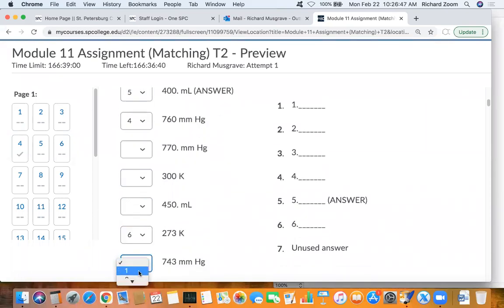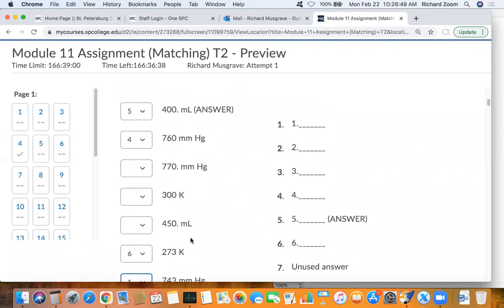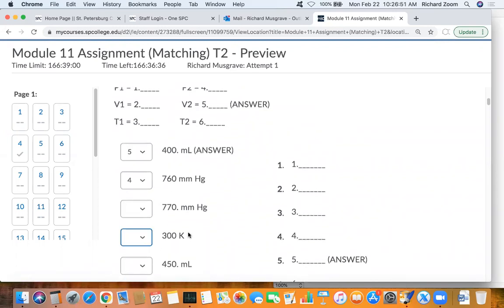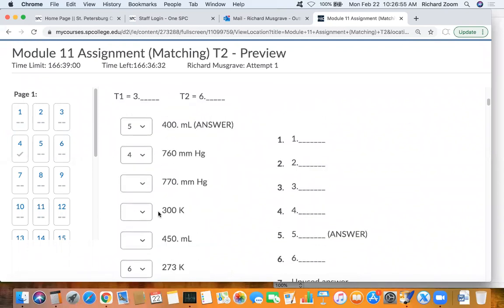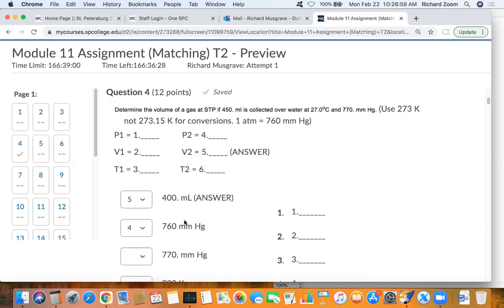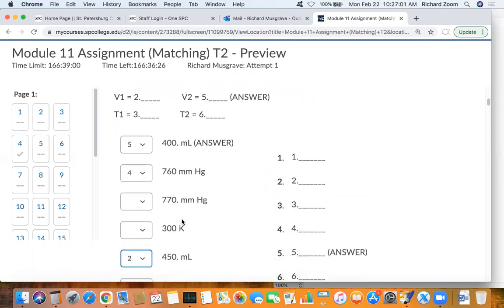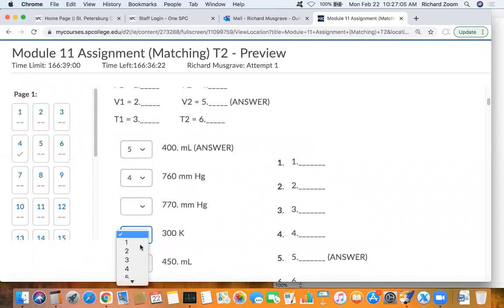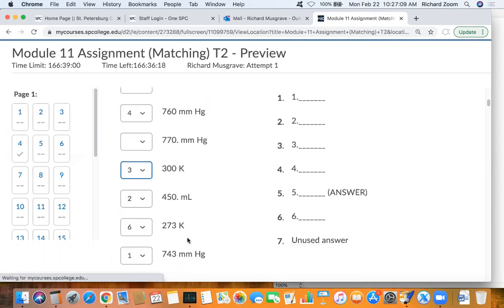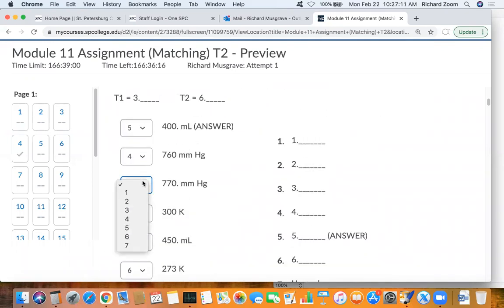That's going to be number 1, the first pressure. The volume is 450 mL. So that's number 2. And the temperature then is also going to be here, 27.0 degrees Celsius, which is 300 K. So that's going to be number 3. And the unused answer is what goes in at number 7.